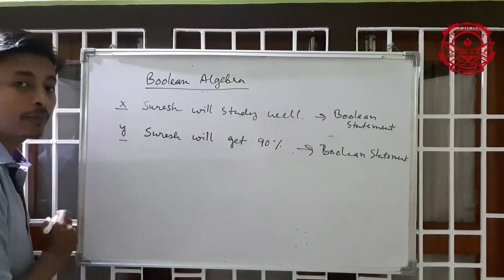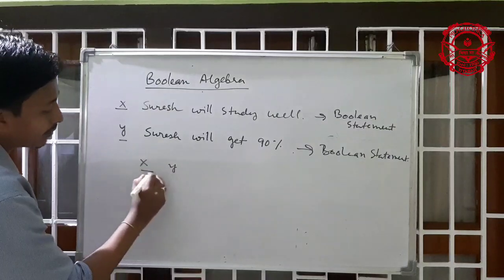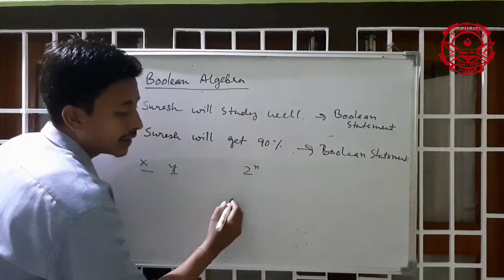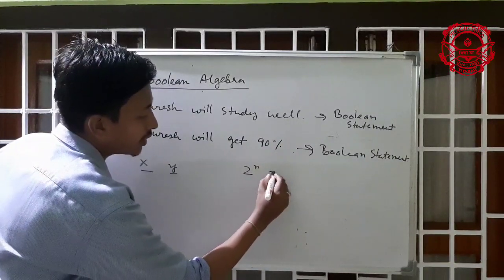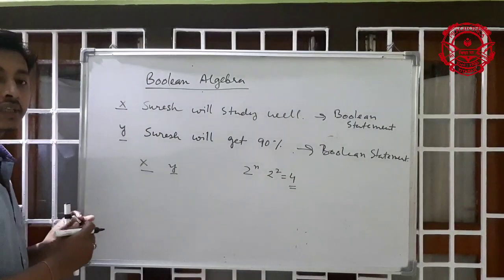So there are four possibilities because X and y means the number of variables is 2. That is 2 to the power n, where n is 2, which equals 4. There are four possibilities in this case.